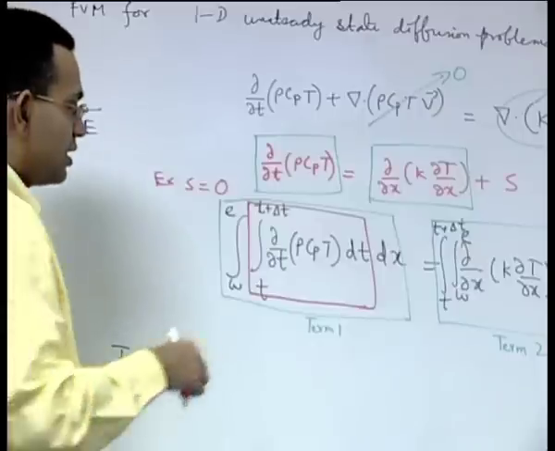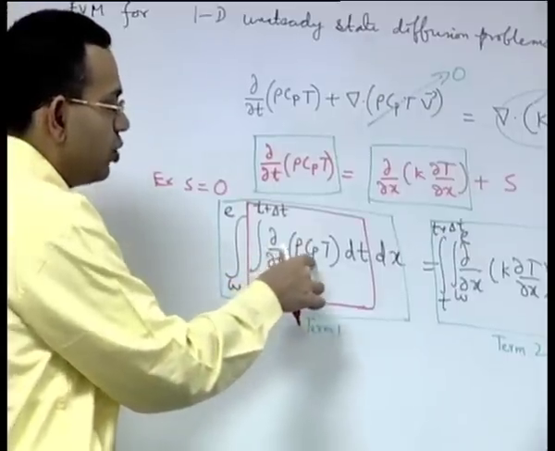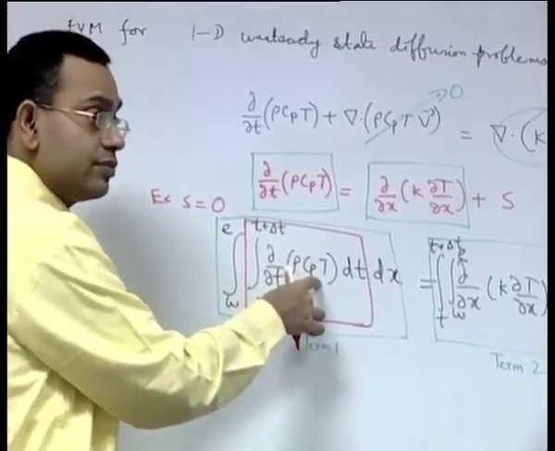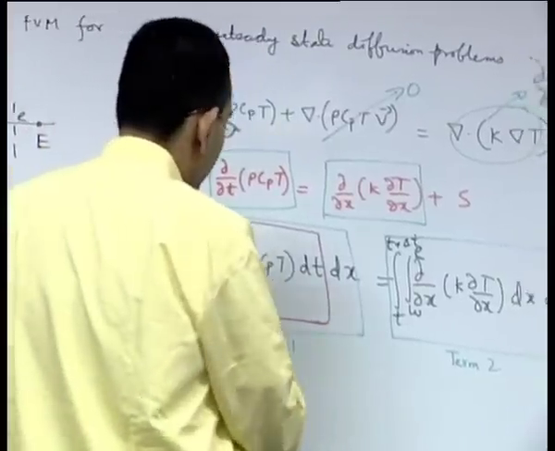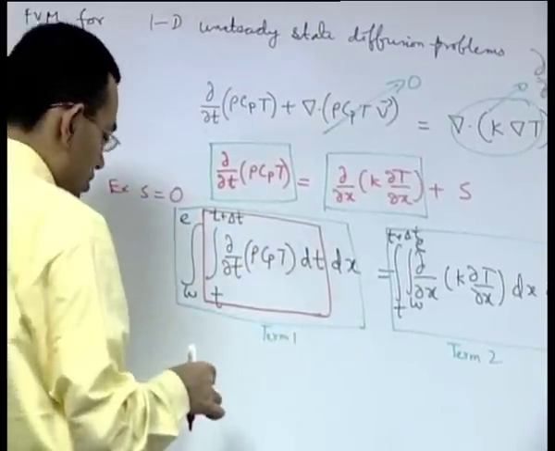So, if we do that, then this comes out to be rho Cp T, then del of that one.